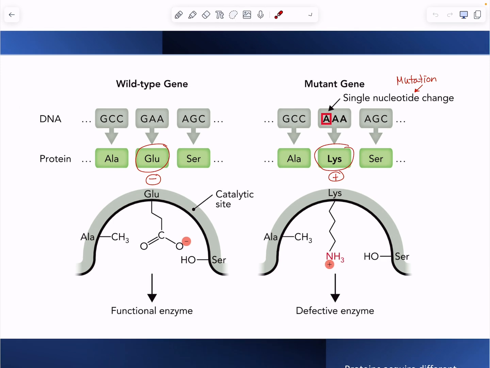And if there's a change in the DNA due to some stress factor on the cell that causes an error in copying, that can result in a change in the identity of the monomers that get put into the protein. But it doesn't necessarily have to, okay? So it could result in a change that's drastic like this, and this type of mutation would harm function or eliminate the function of that protein.